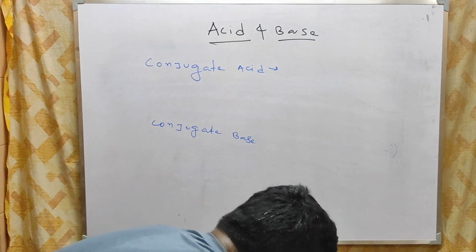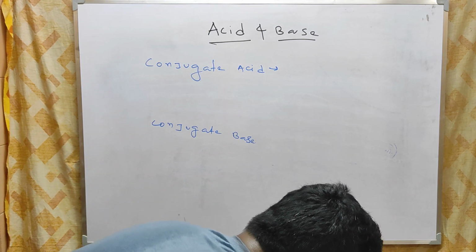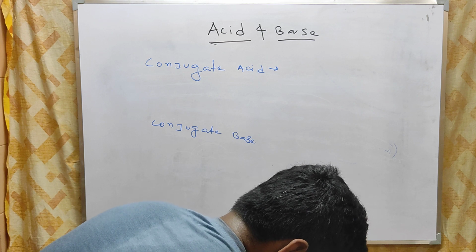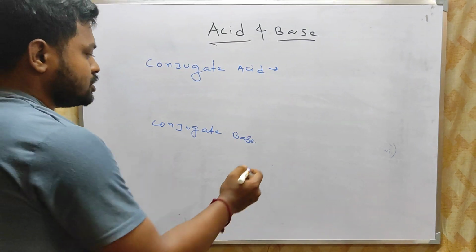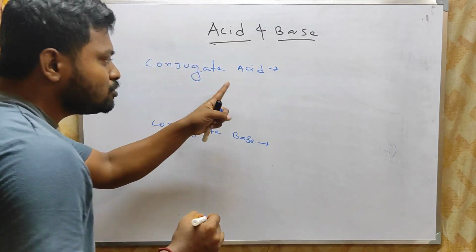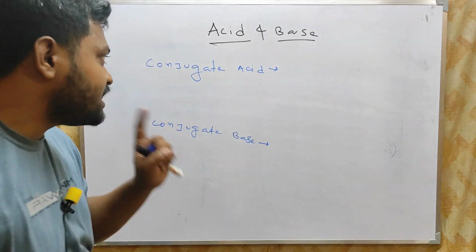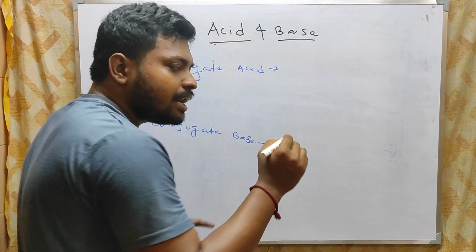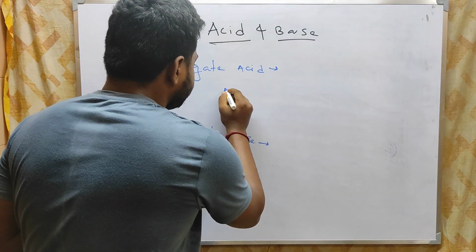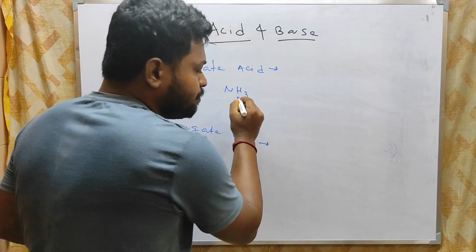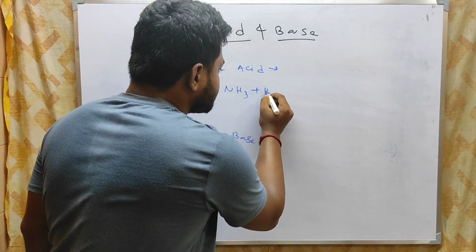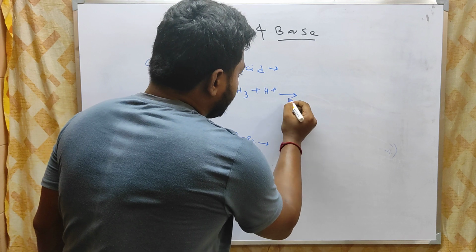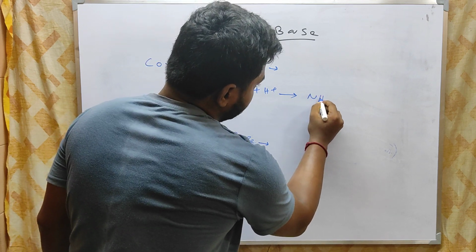A conjugate acid is formed when a base, say ammonia, accepts an H plus, and the formation is ammonium ion.